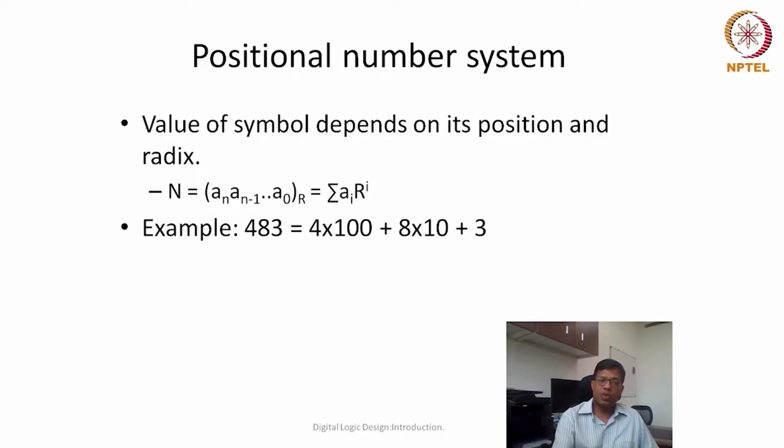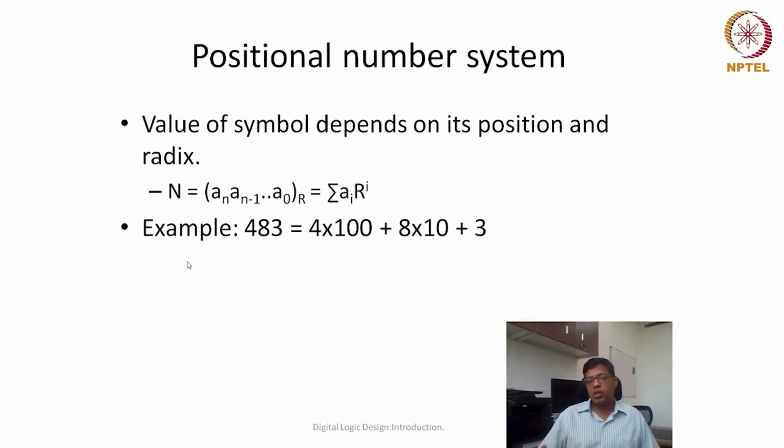As we go from right to left, the LSB will always be the units place, and from the LSB as we go towards the MSB, the power of the base will keep on incrementing by 1. So here the power of the base r is 1, here the power of the base r is 2. So 10 to the power 2 is 100. We keep on going like this.